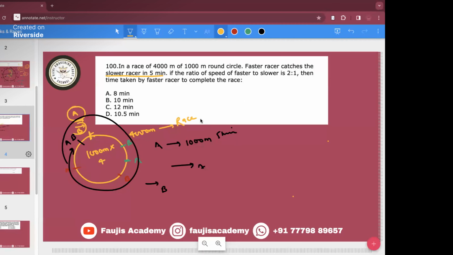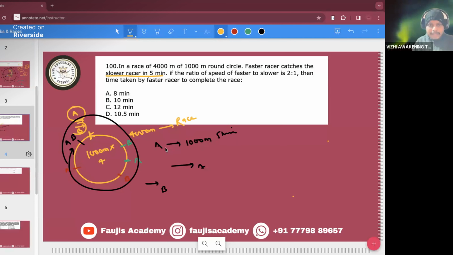So, let's say A is a faster runner and A closed this gap of 1000 meters in 5 minutes. Right, guys? And now they are saying the speed of the faster and slower is 2:1. So their speed, let's assume, is in the ratio of 2x and x.